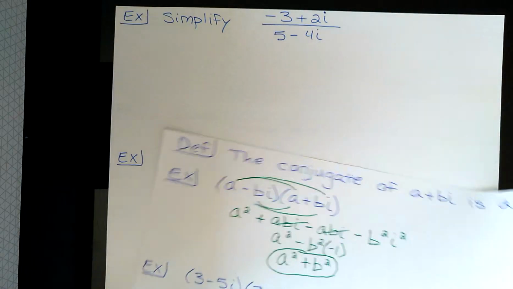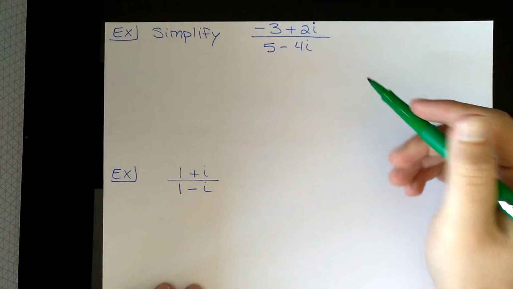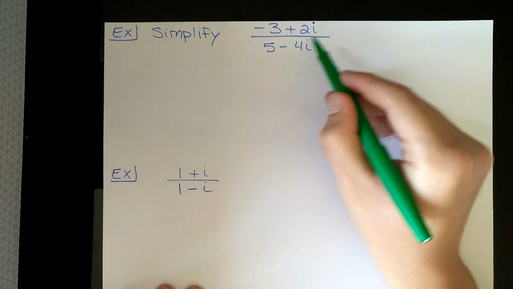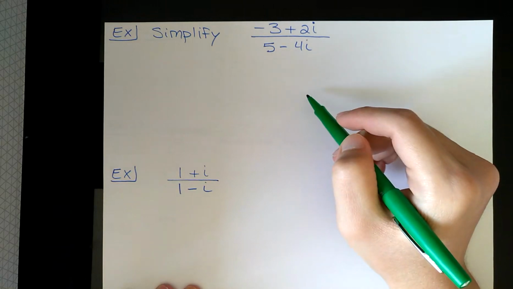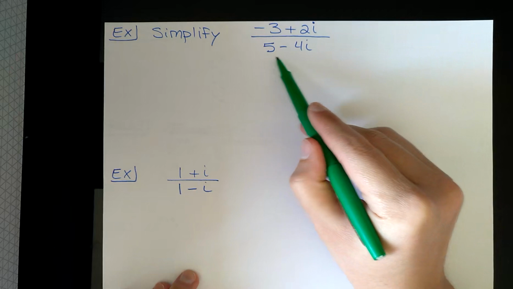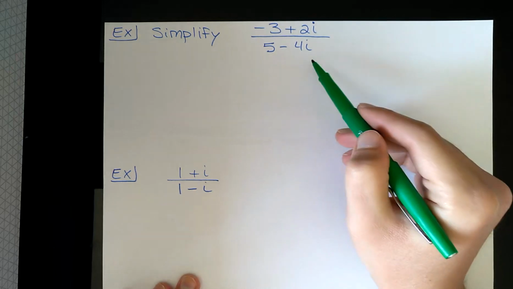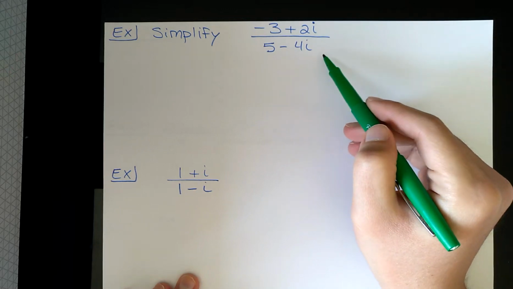Okay, so from here, let's show why this is important. We want to simplify negative 3 plus 2i over 5 minus 4i. Well, how can we simplify this if we have a complex number in the denominator? We use the complex conjugate.